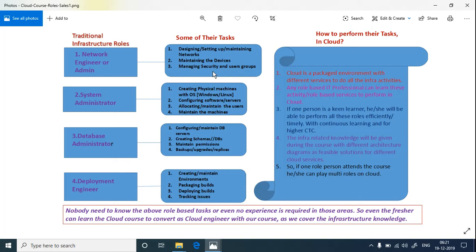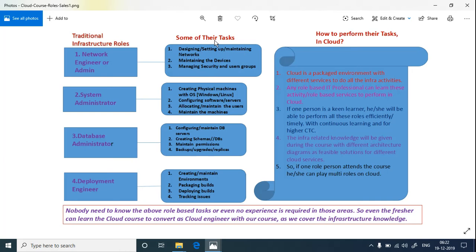Each group will have different policies, and whoever wants those services, those policies are attached to that group, and the user ID is added to the group. According to that, the user ID can log in and will be able to access only those services. That is the way we set it up.